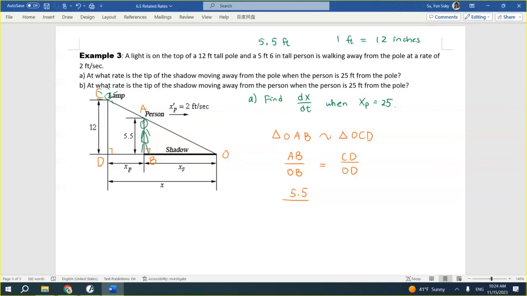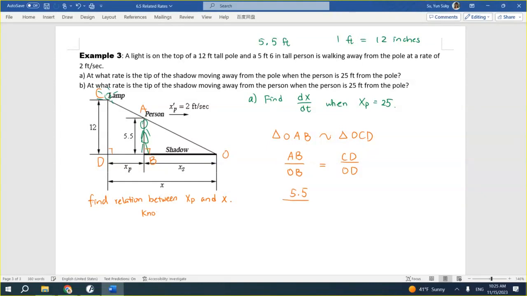OB is XS. But the problem is we know XP prime and we're looking for X prime. So we want to find the relation between XP and X. Do you agree?